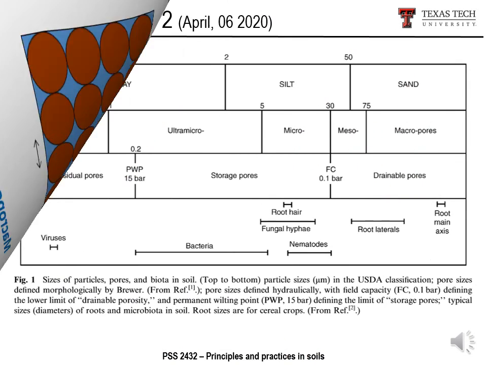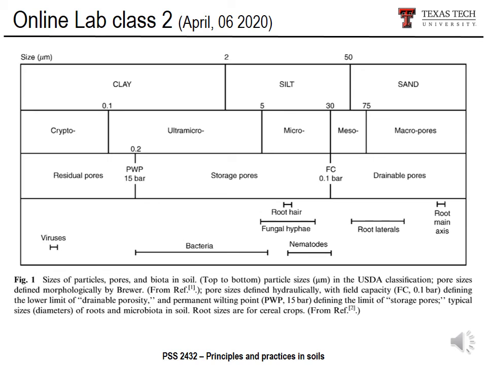And now look at this picture. This is a very interesting scheme. You can see here a more detailed soil pore size distribution, for example macropores, mesopores, micropores, ultramicropores, and also you have the information about drainable pores, storage pores, residual pores.